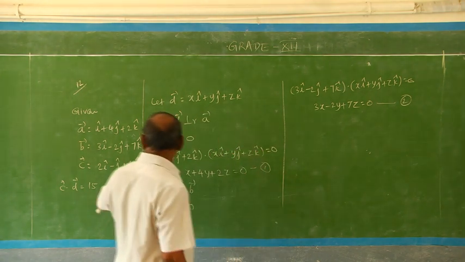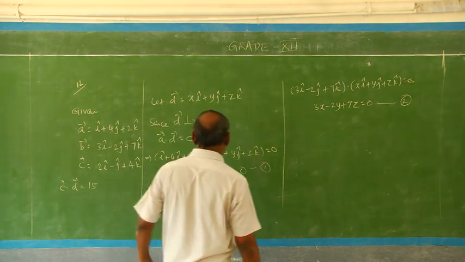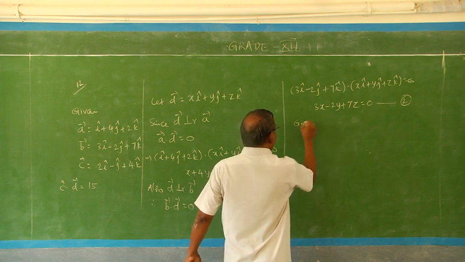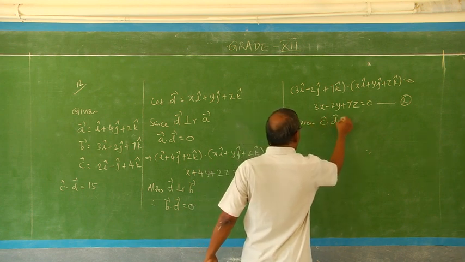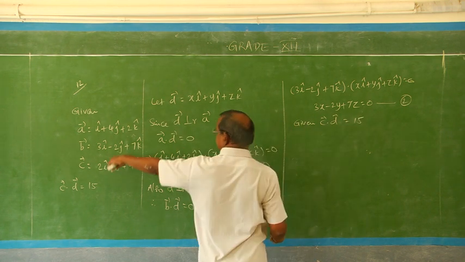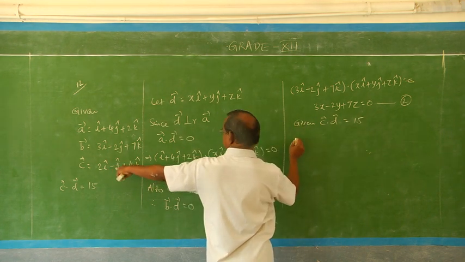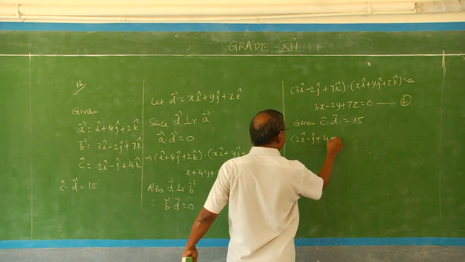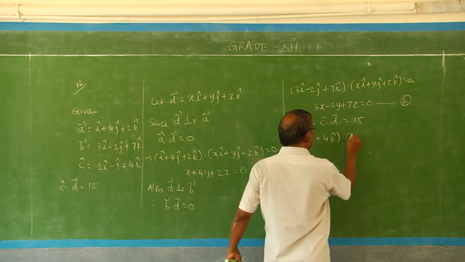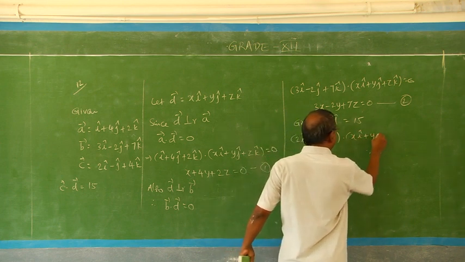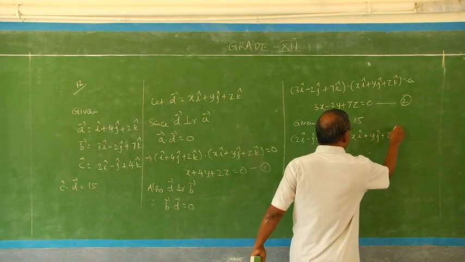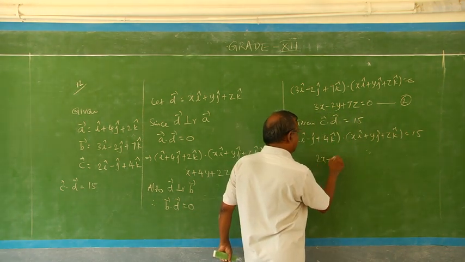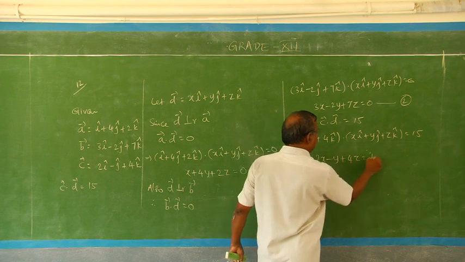Now they have given that C vector dot D vector equal to 15. That means 2i cap minus j cap plus 4k cap dot xi plus yj plus zk equal to 15. That is 2x minus y plus 4z equal to 15.